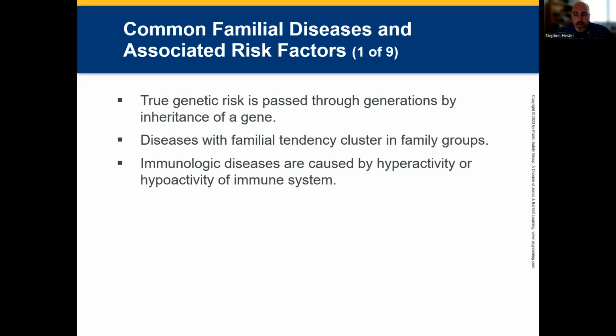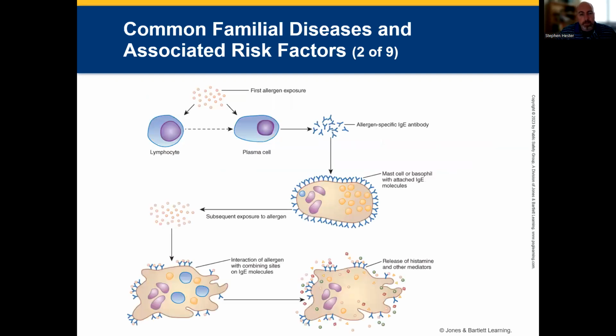Diseases with a family tendency seem to cluster in family groups despite lack of evidence for inheritable gene-associated abnormalities. Immunologic diseases are caused by hyperactivity or hypoactivity of the immune system. Okay, this is just a chart with family diseases and associated risk factors.